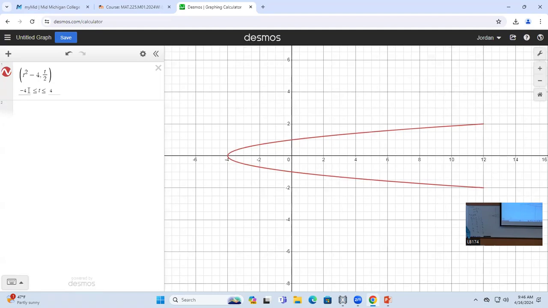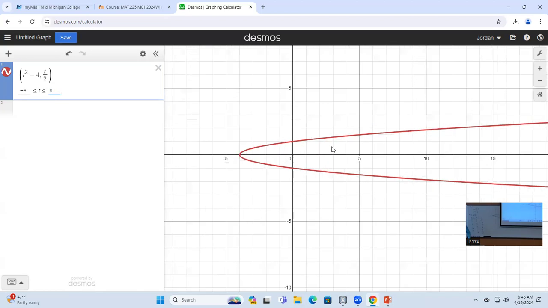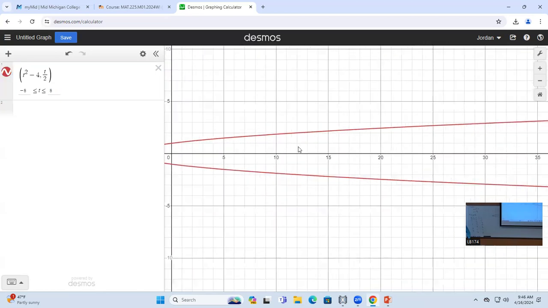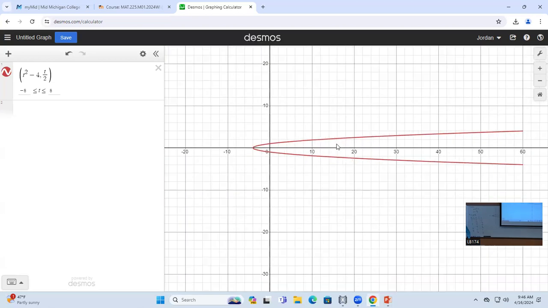If you wanted to go from, let's say, -8 to +8, then your graph's going to go further. But you'll have to denote where your starting and ending values for t are. So that's one option, is turn to Desmos and see how that works.